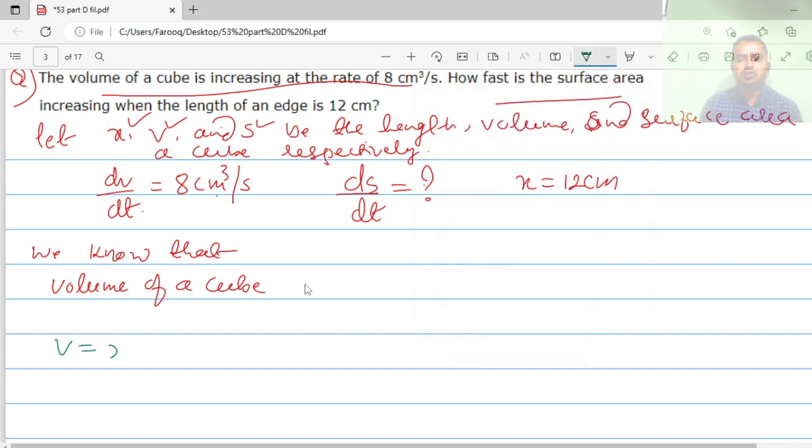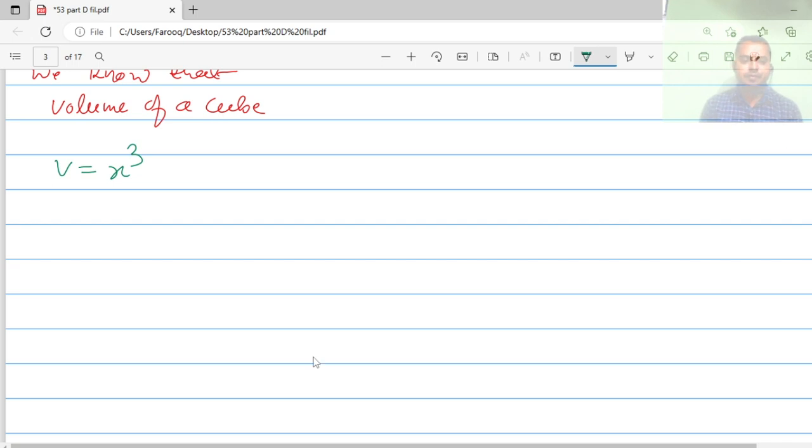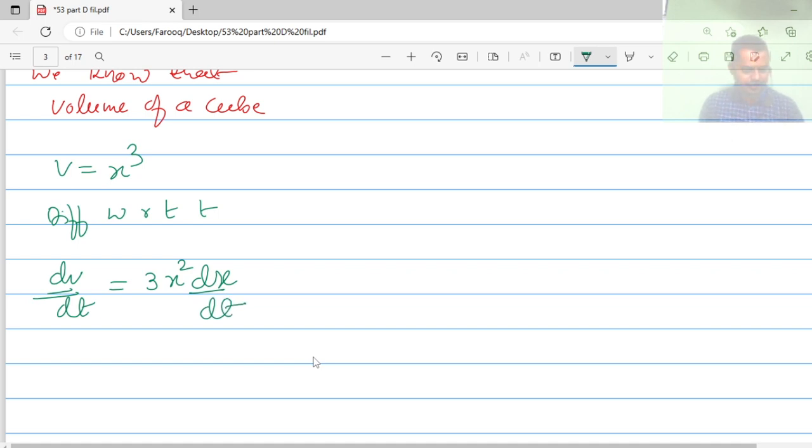V is equal to x cube. Differentiating with respect to t, that is dV by dt is d by dt of x cube, which is 3 x square dx by dt.